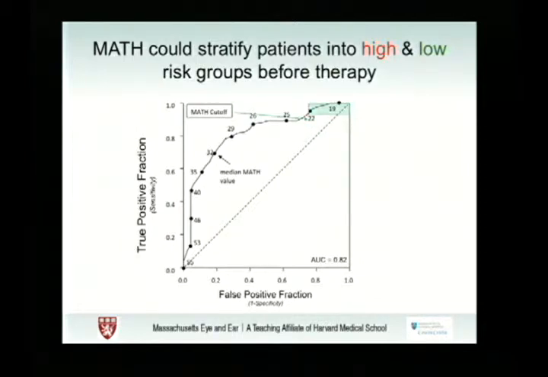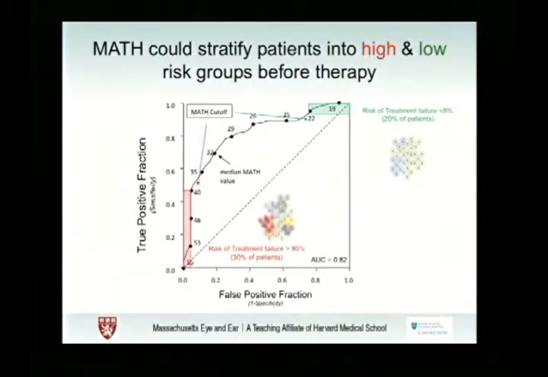So remember when I did the Kaplan-Meier curves, we used the median value of 32. Below, higher, bad; above, good. But it's a continuous curve. So if you look at these patients here, 20% of the patients who are above here have a risk of treatment failure of less than 5%. And if you look at patients with a MATH above 40, their risk of treatment failure was greater than 95%.